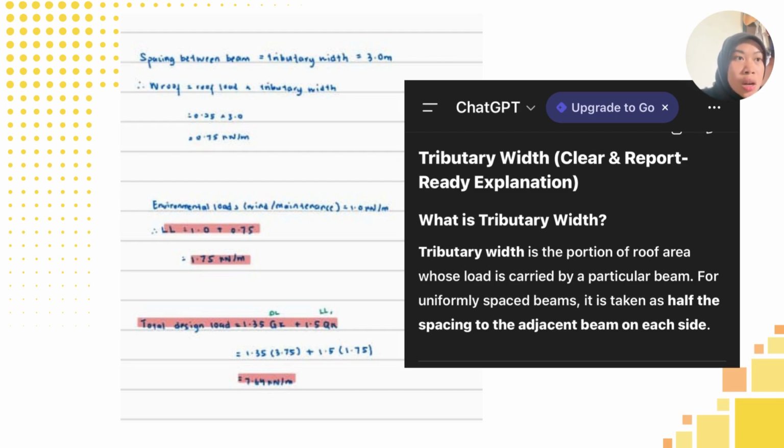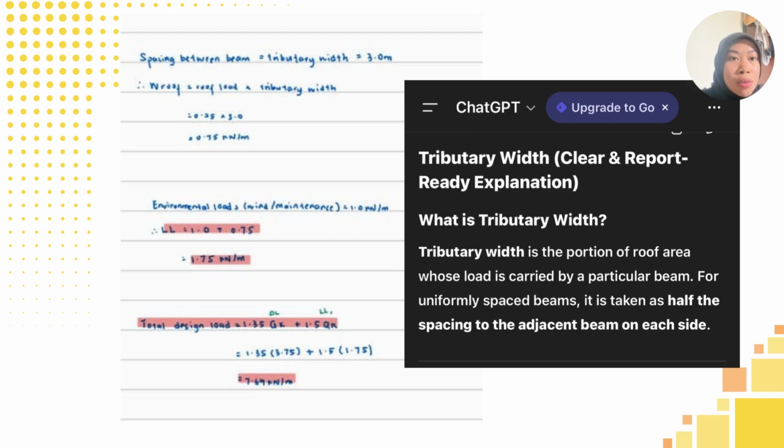Tributary width is the portion of a roof area whose load is carried by a particular beam. For uniformly spaced beams, it is taken as half the spacing to the adjacent beam on each side. As for environmental load, for wind, rain, or maintenance, I assume 1.0 kilonewton per meter.